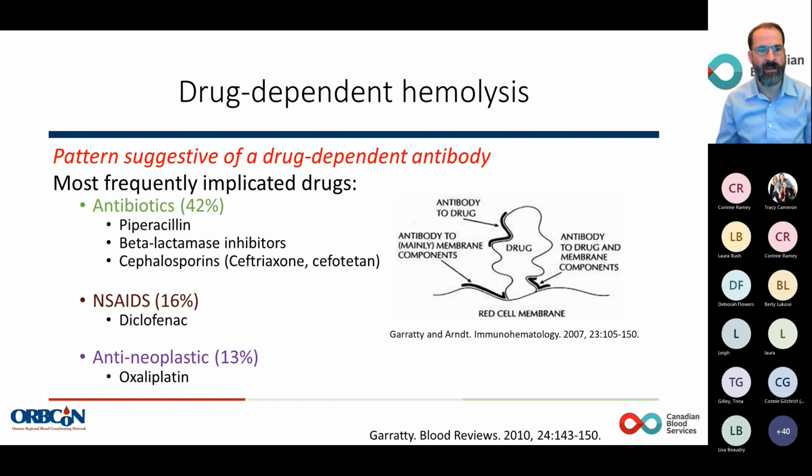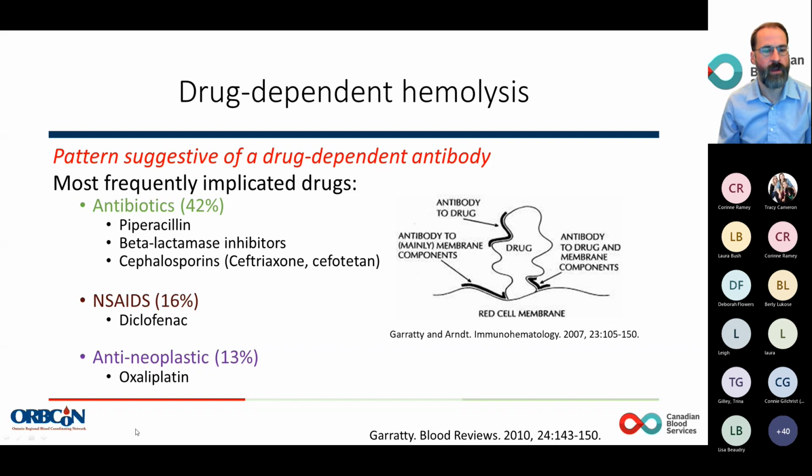And there's a bit of shifting epidemiology in terms of which antibiotics or which drugs are most commonly associated with drug-dependent hemolysis, as practice patterns in terms of which drugs are used have changed. One of the more recent reviews came from the Garrity lab, where they looked at samples they'd received and reported on the frequencies of different drugs implicated in drug-dependent hemolysis.